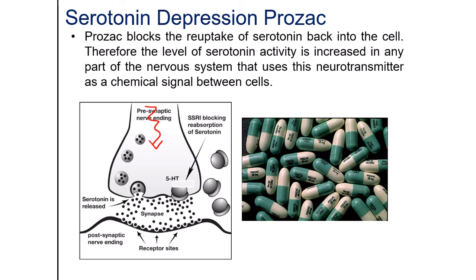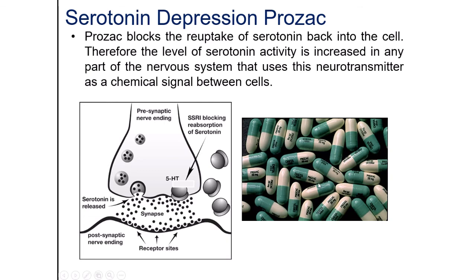So the problem here with clinical depression is we don't have enough serotonin, so we want to block the reuptake of the serotonin. You don't want them to go back into the vesicles too quickly, right? So by taking the Prozac, it will interfere with the reuptake process, and so the serotonin can hang out in the synaptic cleft a little bit longer, and therefore exert its effect a little bit longer.